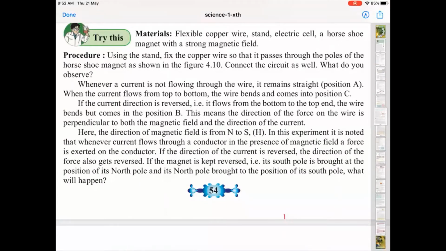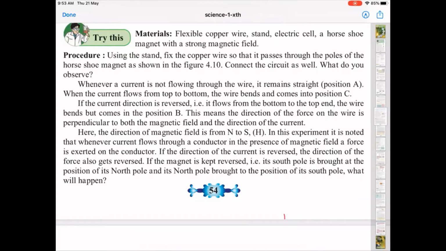So for some effect to happen, you need two magnetic fields. But when current is not flowing through the wire, there is only one magnetic field, that of the horseshoe magnet, and in that case there will be no effect.